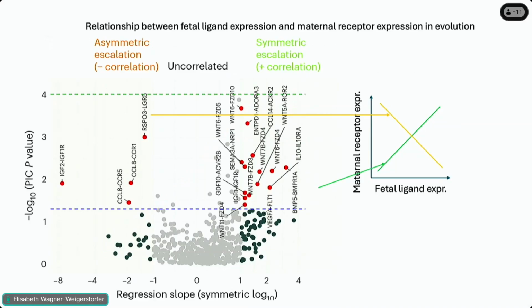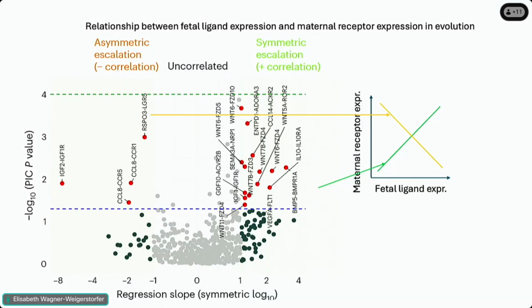There are a handful of cases where there's a negative correlation, and these are actually cases with, for instance, IGF-2 and IGF receptor, where, based on other evidence, we already know that there is evidence for conflict in this area.